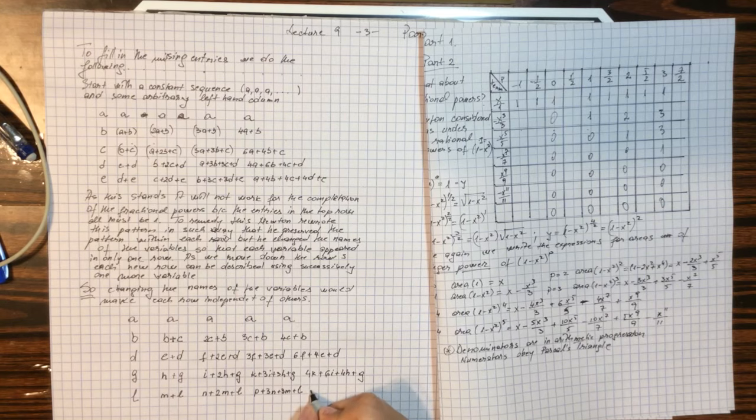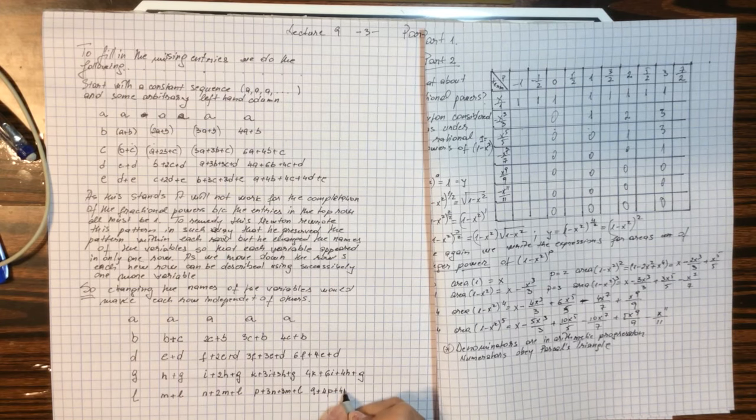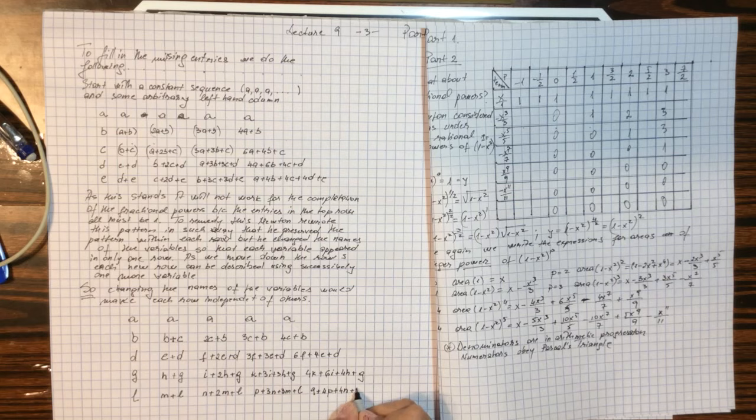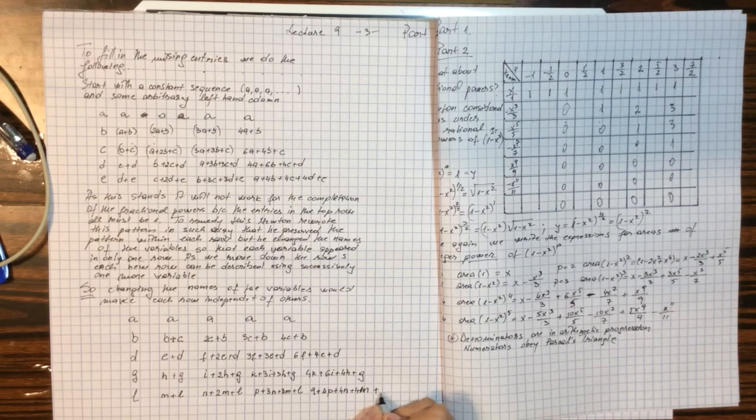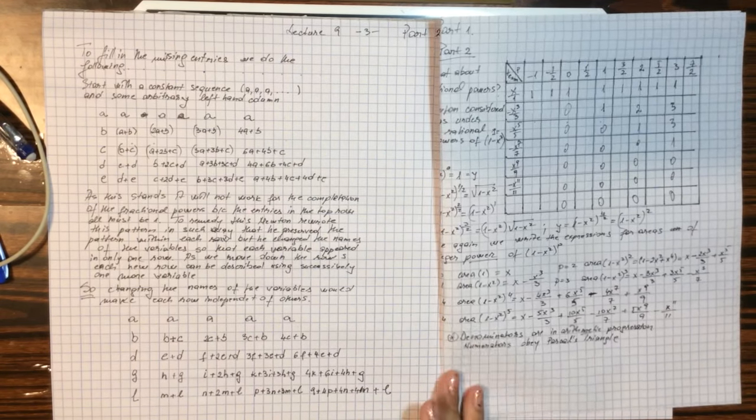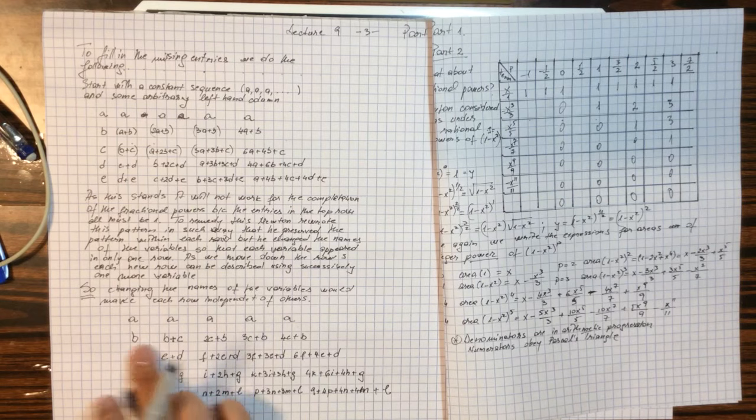So let me call this q plus 4p plus 4n plus 4m plus L. So I'm introducing for each row basically new variables such that these variables only appear in that row, not in other rows.